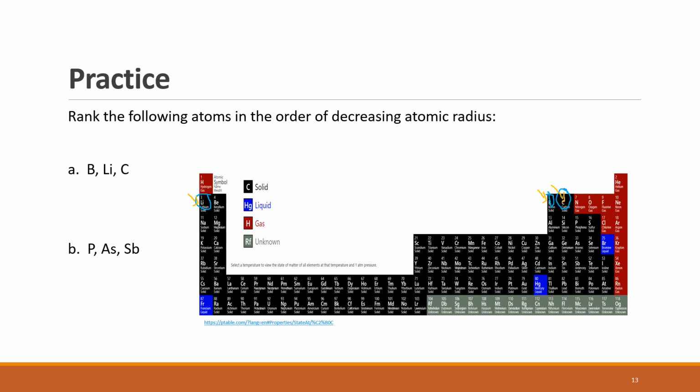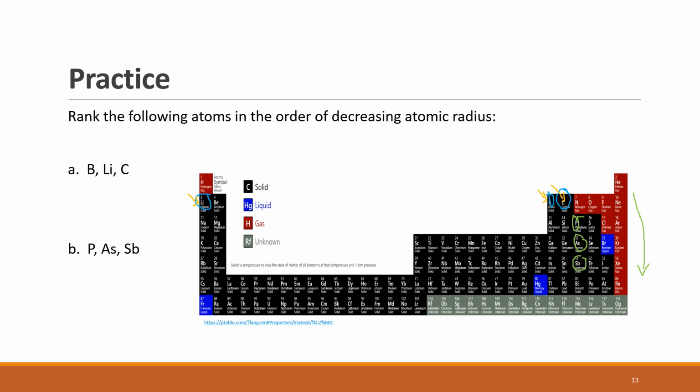Now let's do the next example, and I'll use a different color here. We'll use green. We have phosphorus, arsenic, and antimony. So the nice thing about these three is that they're all in the same group. So if you remember the trend for atomic radius, as you go down a group, the atomic size, the radius, is going to increase because we're adding those shells.